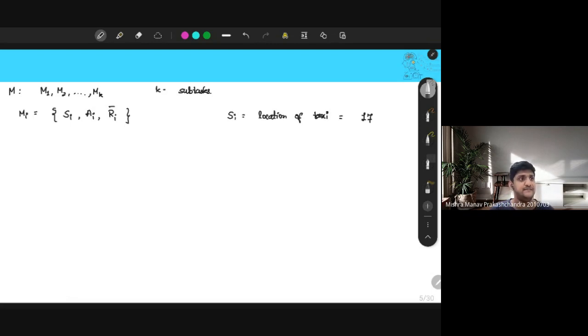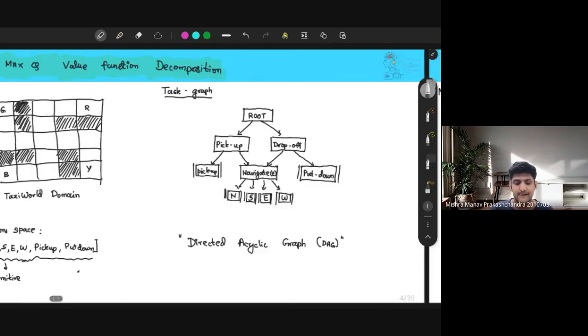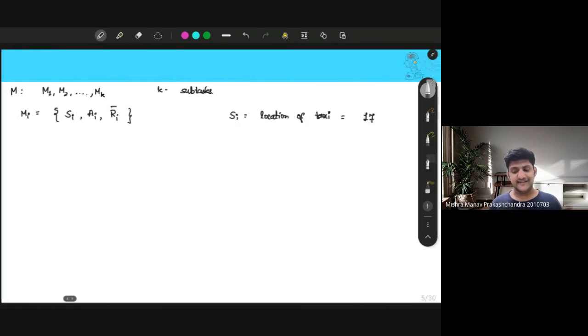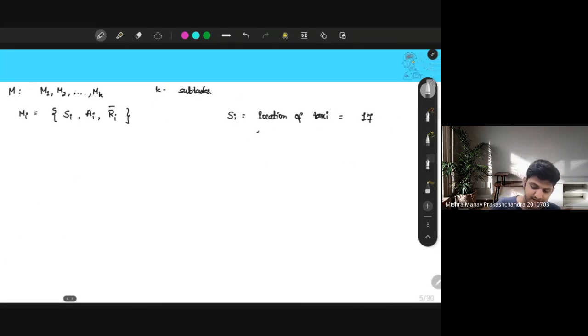Second is where the passenger can be. Okay. So passengers have to be necessarily initialized at any of the 4 locations, which are G, R, B, Y. Plus, the passenger can be sitting inside the taxi. Okay. So if I were to take the location of passengers, in total, I have five such locations.